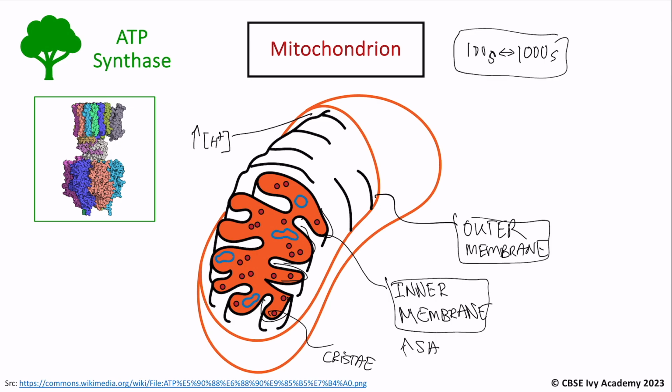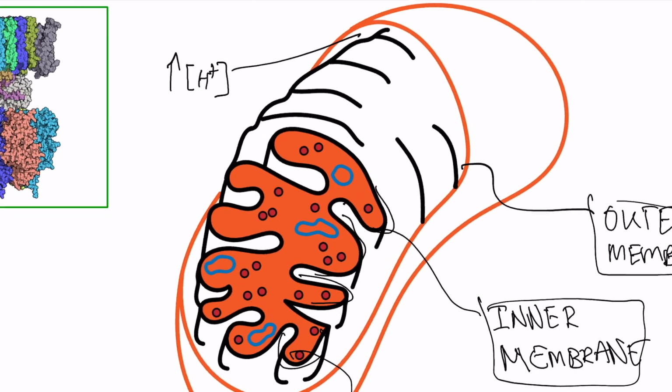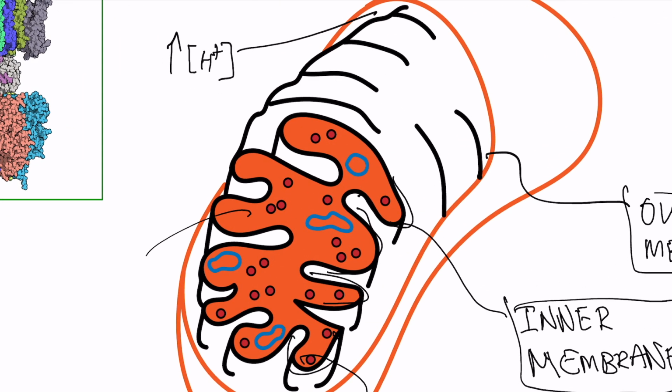And then lastly, in solid deep orange, you have the matrix. The matrix houses mitochondrial DNA, which is here in blue, and it also houses ribosomes.